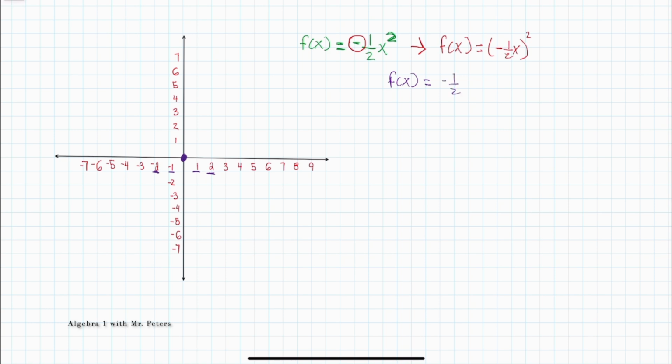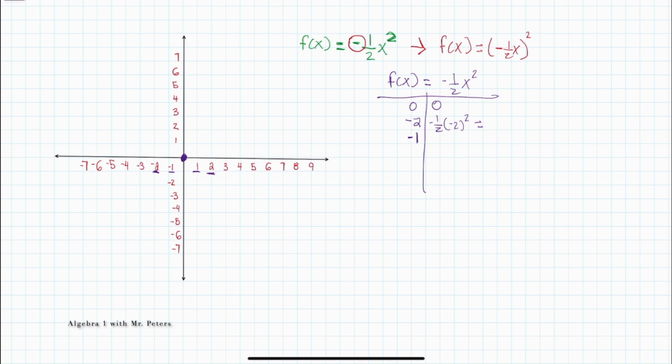So now we're going to plug in our x values. So let's write this. We already know 0, 0. Let's do -2, and let's just do -1. So once we do this, we have -1/2 times -2 squared. So we know that 2 squared is going to be a positive number.